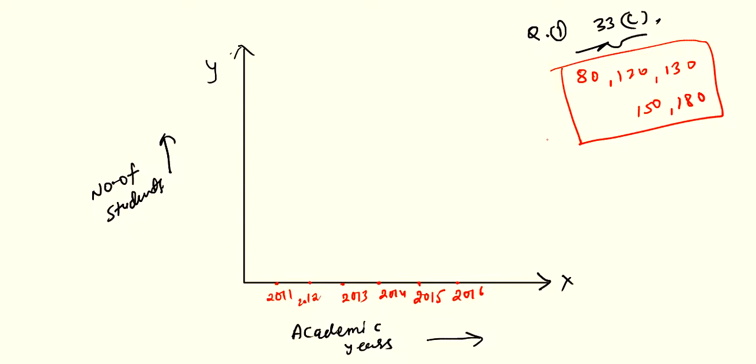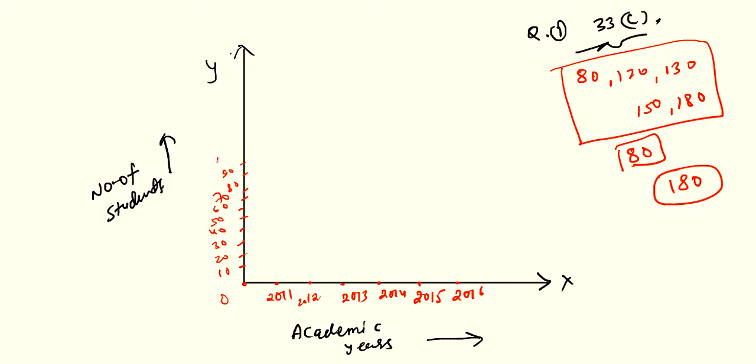We have to plot this information. The lowest number is 80 and the highest number is 180. So how we can plot this here? This one is your 0. Now you can start by 10, 20, 30, 40, 50, 60, 70, 80, 90, 100.